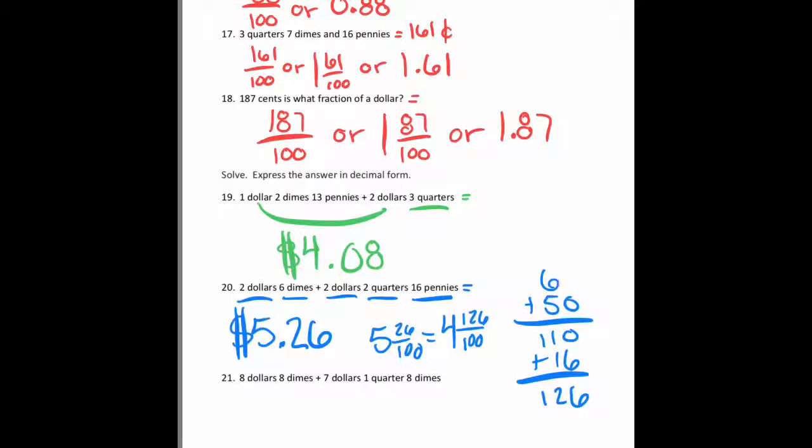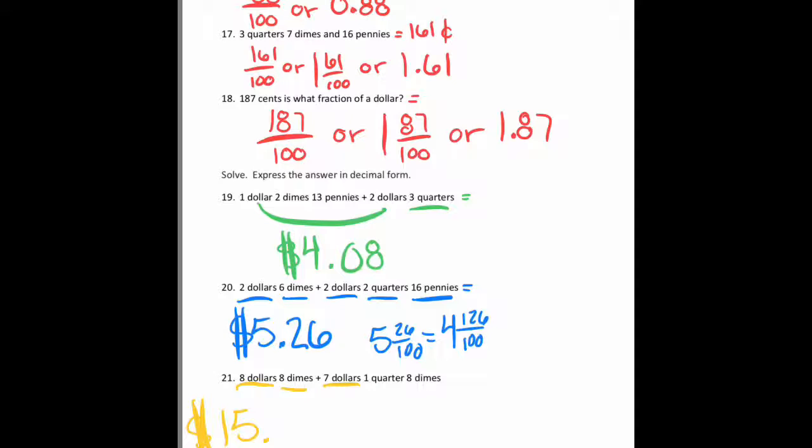Okay, on the last one, we have $8, 8 dimes, plus $7, and my sign is in the way. Let's add our dollars first. We have $8 plus $7 gives you 15. We have 8 dimes, which is 80 cents. And then we're going to add the quarter, which is 25 cents, and I'm going to get 105 cents.